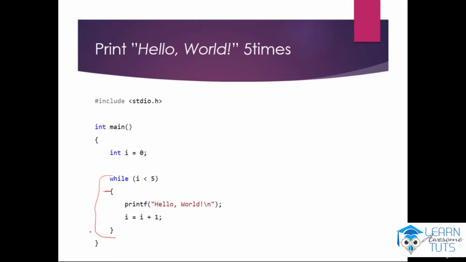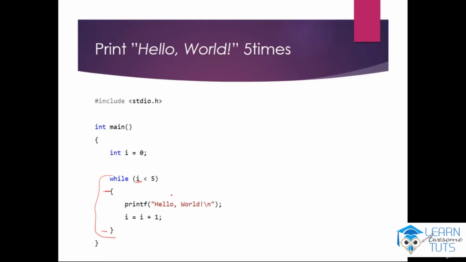are enclosed in these brackets. So here the computer first checks whether the given condition, for example this variable I, is less than 5 or not, and if it finds that the condition is true, then the loop body is entered to execute the given statements.